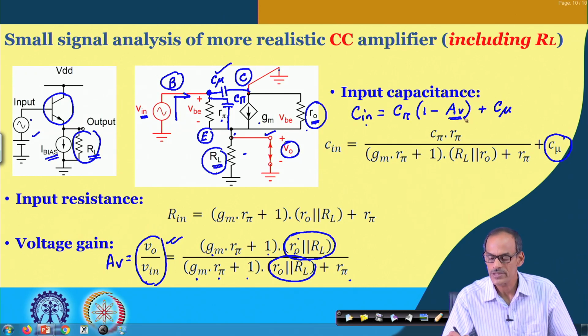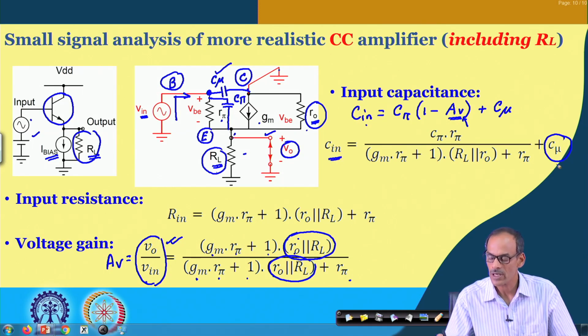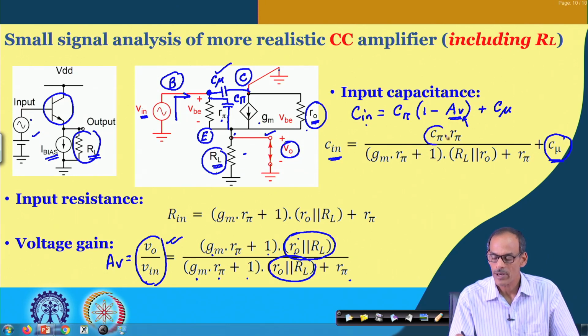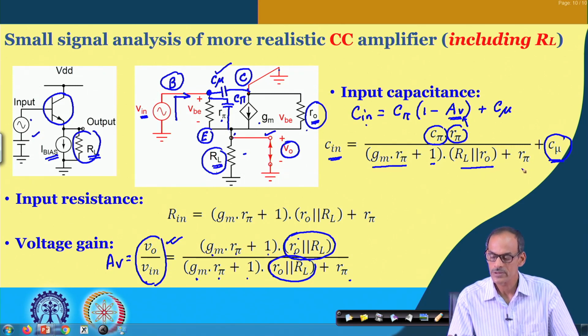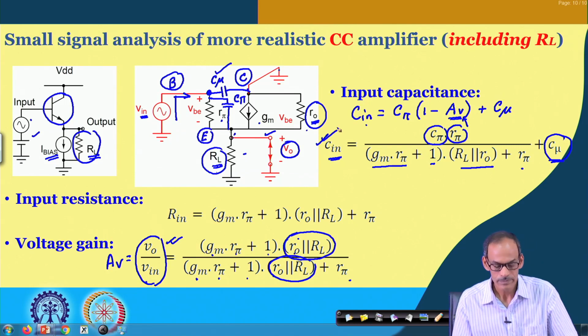If you put that voltage gain expression here, C in has C mu, and then the C pi part has a factor with R pi in the numerator, and in the denominator Gm into R pi plus 1, then R naught and RL in parallel, plus R pi. That is the expression of C in.